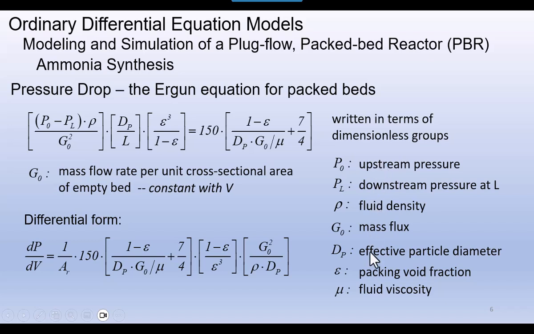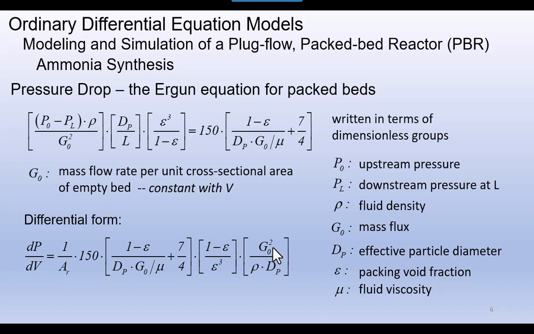And then the rest of the nomenclature is listed over here. And we are able to differentiate this in terms of pressure to obtain a differential equation for pressure as we go down the bed, and that is noted here. If we make an assumption of constant pressure or negligible pressure drop going down the bed, then we don't have to deal with this particular equation.